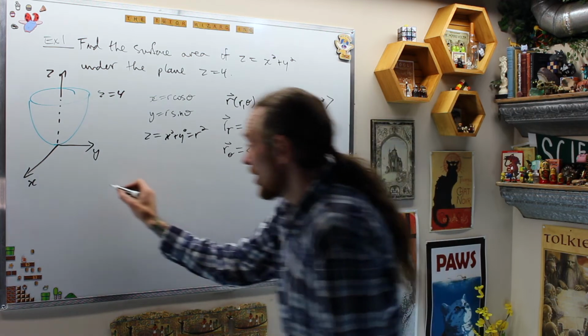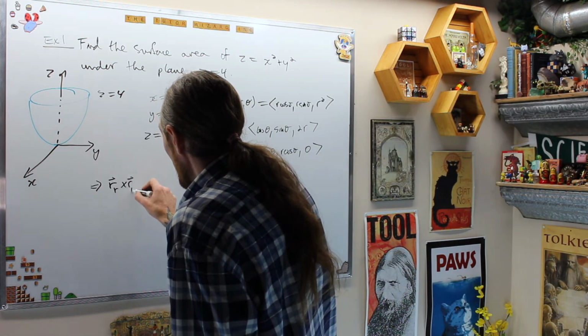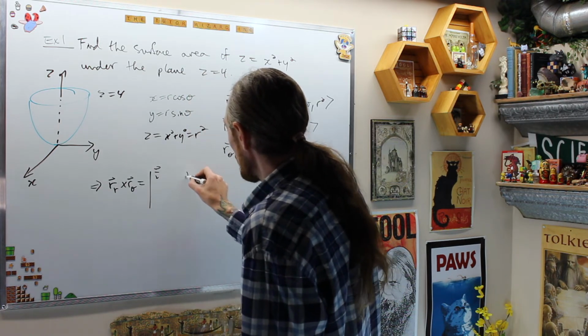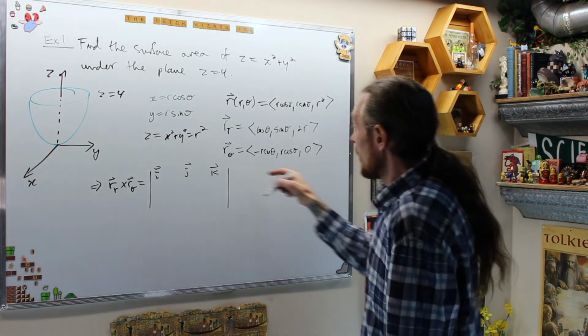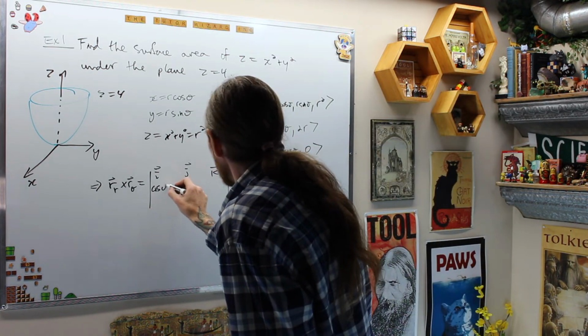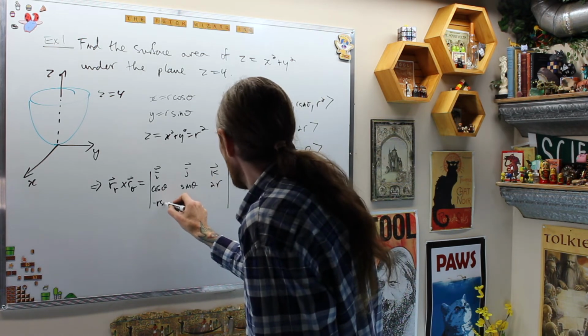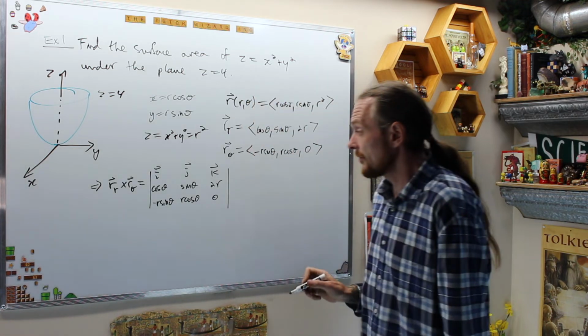Then what I need is their cross product. That says their cross product r_r cross r_theta is going to equal the determinant of i, j, k, cos theta, sine theta, 2r, negative r sine theta, r cos theta, 0.